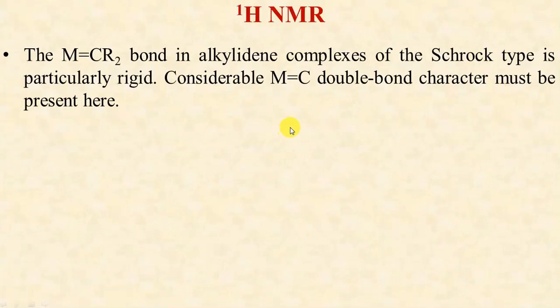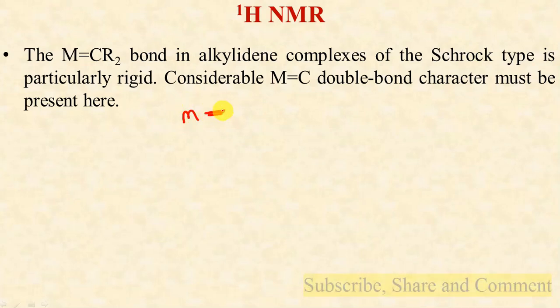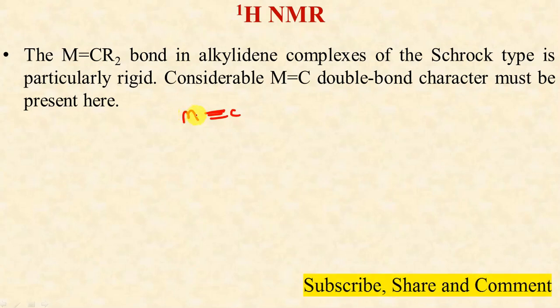So, in case of Schrock carbenes, we know that the metal carbon double bond in alkylidene Schrock type complexes is particularly rigid, much stronger, because in these cases metal is electrophilic in nature and carbon is nucleophilic in nature, and carbon very easily can transfer its electrons to vacant d orbitals of the metal, since metal in its higher oxidation state has vacant d orbitals.